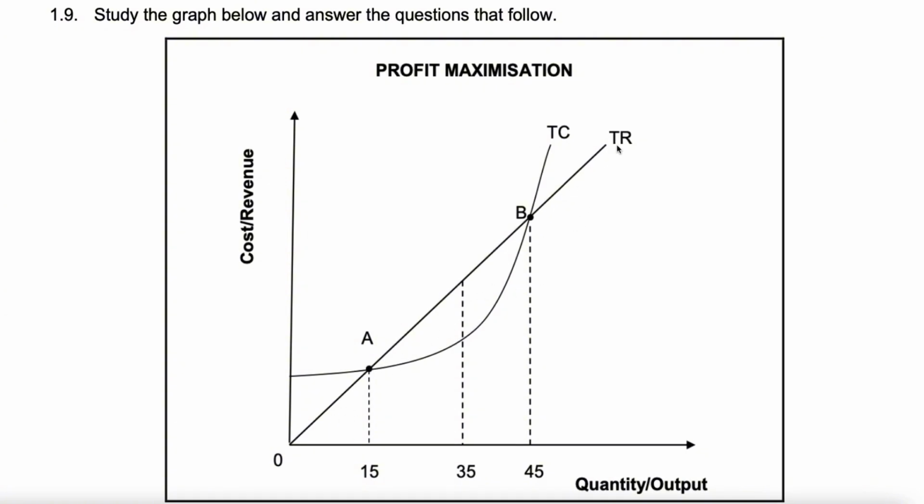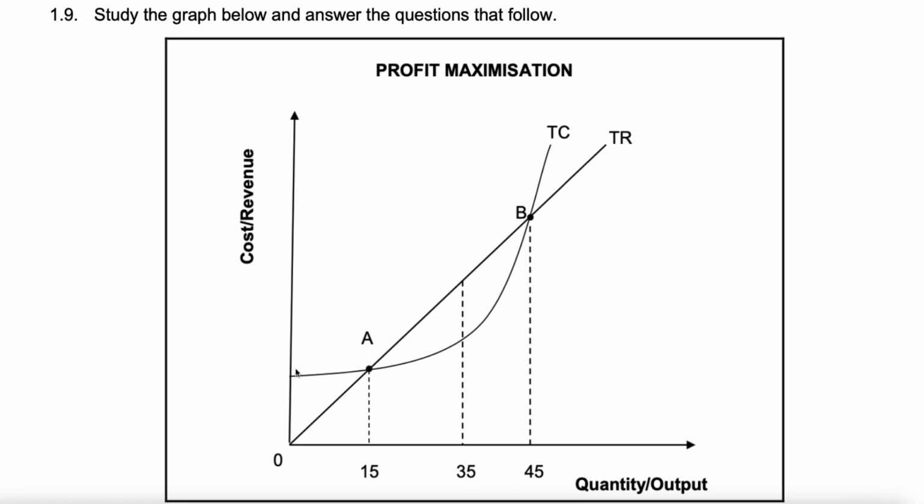Total revenue steadily goes up. As you increase output, this is going to increase steadily as well. But we see something different with total cost. Well, the reason is we have fixed costs and variable costs. So clearly, if we start here at 0, you see that cost is incurred even when production is at 0.